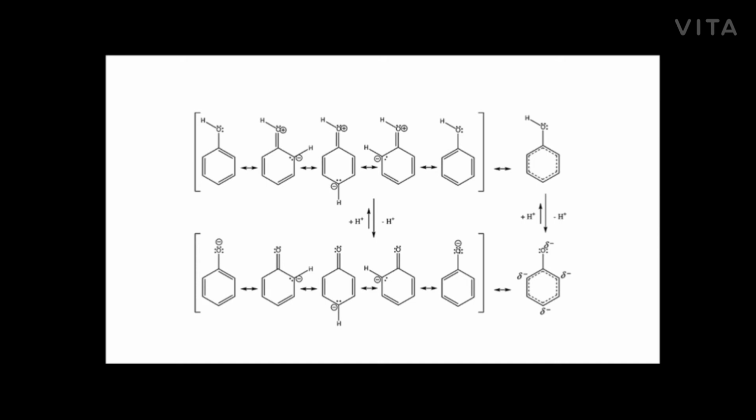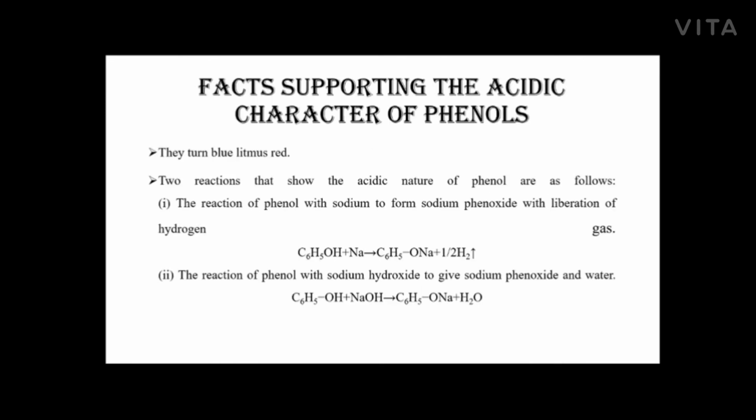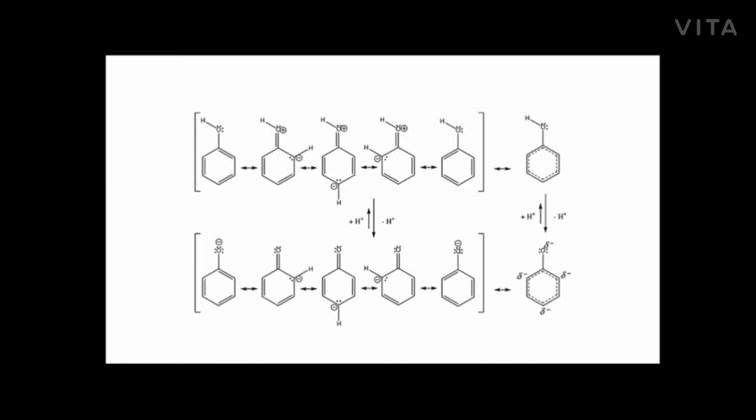With phenols we have this type of resonating structure, and with phenoxide, after removal of the proton, that is the H positive ion, we have this type of resonating structures, right? And we can see that from both resonating structures, the structures of the phenoxide ion are much more stabilized due to resonance as compared to phenol.